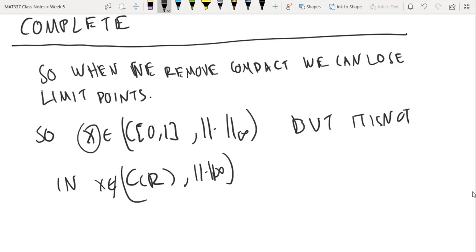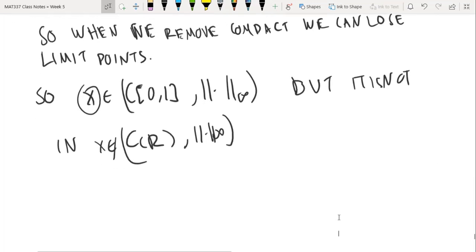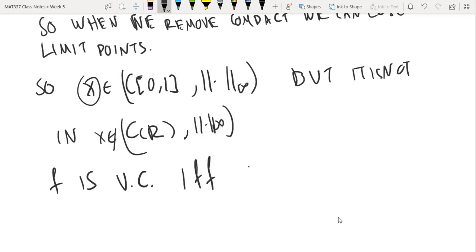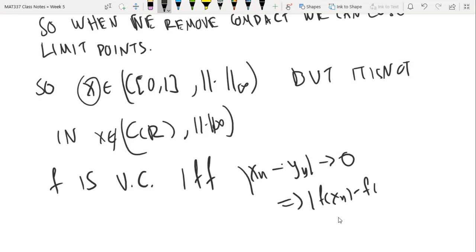No, that's a good question, Sangu. You must always ensure that f is UC if and only if xn, yn going to 0 implies f of xn, f of yn goes to 0. So you definitely need this.